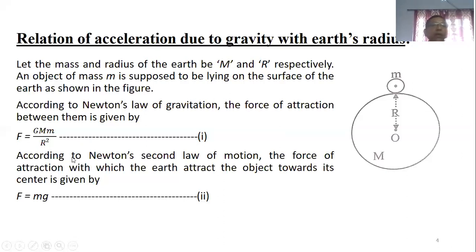On the other hand, we have learned in class 9, according to Newton's second law of motion, the force of attraction, which is the Earth attracting the object towards its center, is given by F equal to mg, where m is the mass of the object which is being attracted towards the surface of the Earth, and g is the acceleration due to gravity.